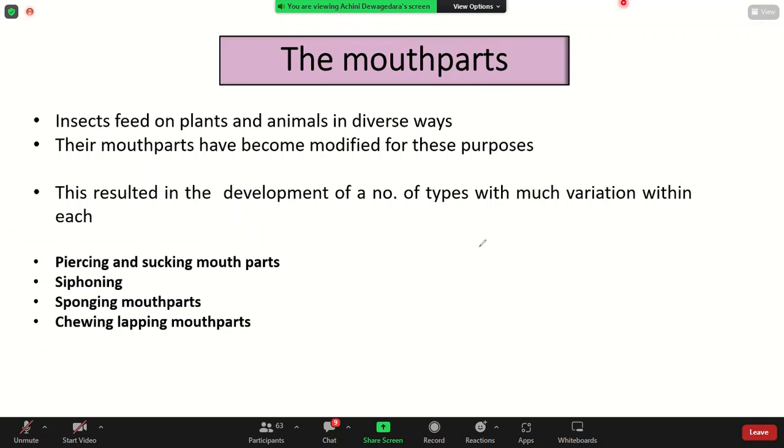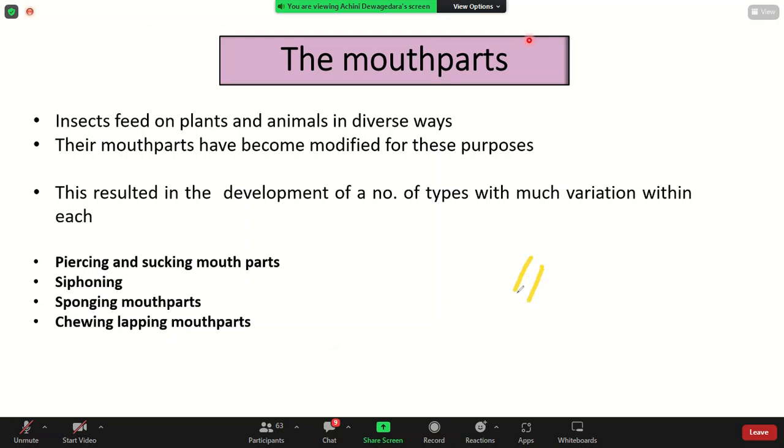They have a structure like this. And when they are feeding, this structure erects and they consume the nectar of flowers, and then this rolls again close to their head. Okay. And spongy mouth parts, they are like this.